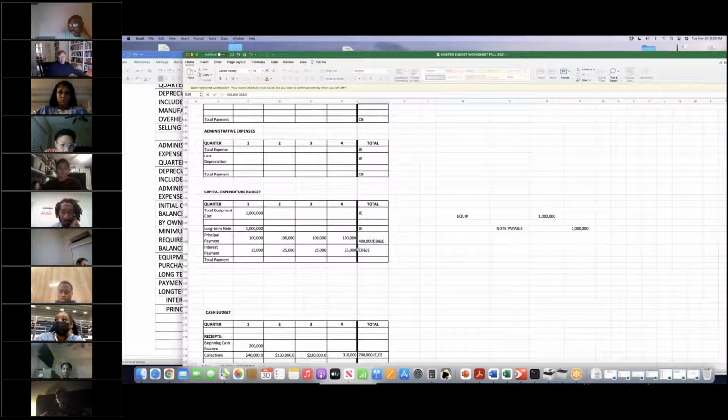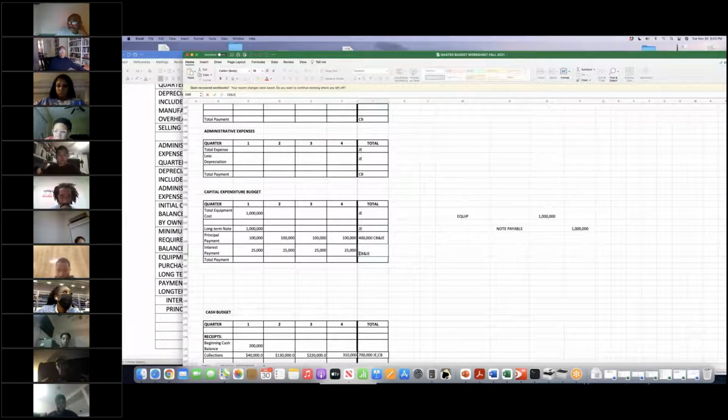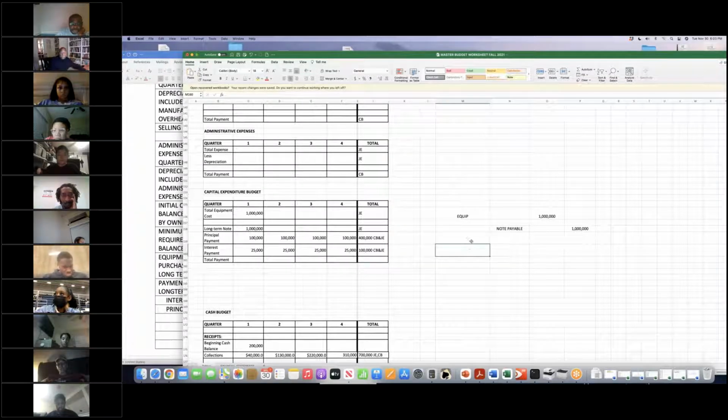And the total interest payments. So now we're going to make that entry that we make when we pay principal and interest.